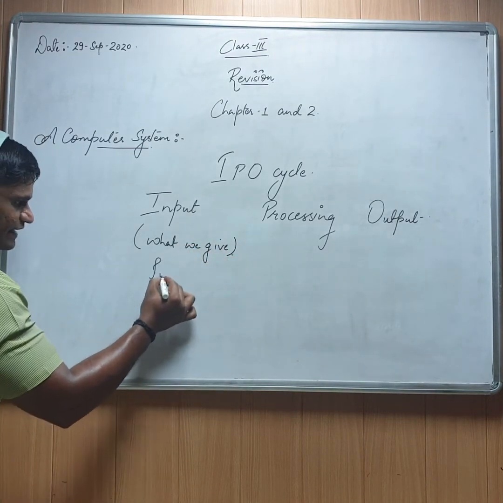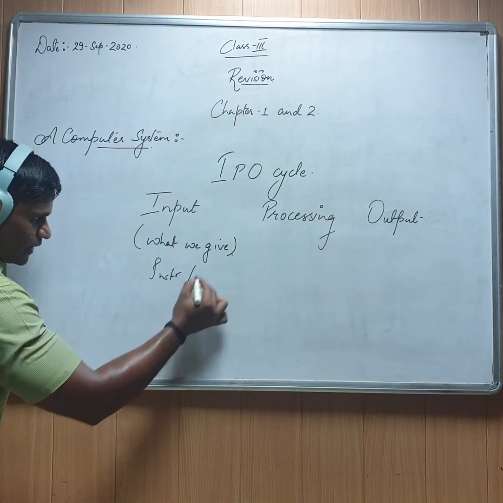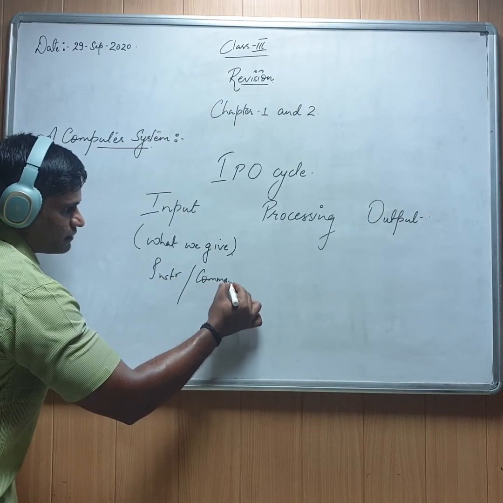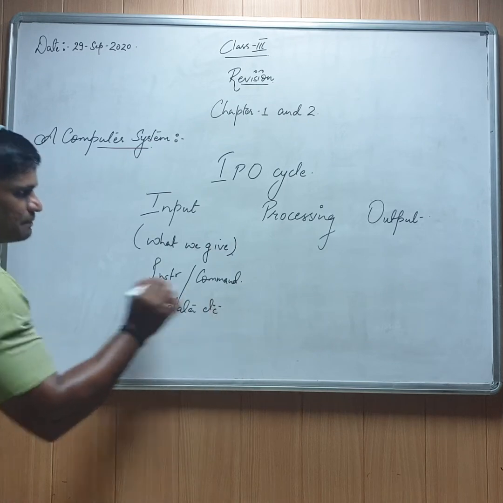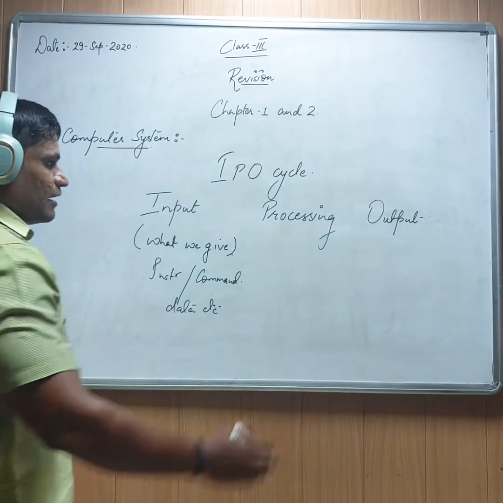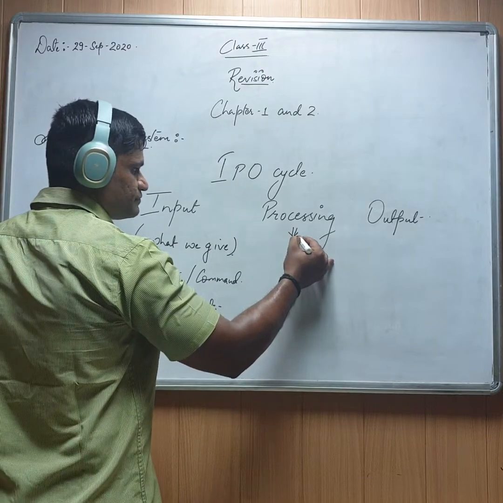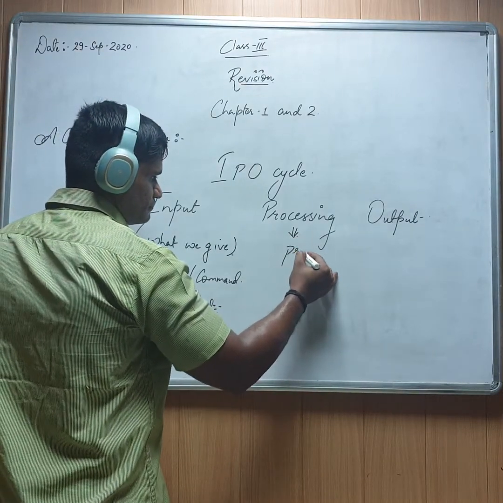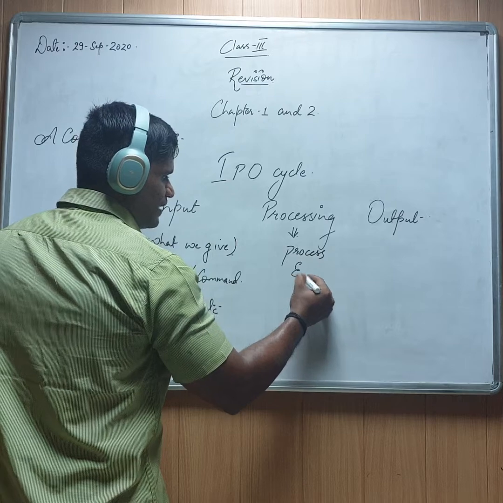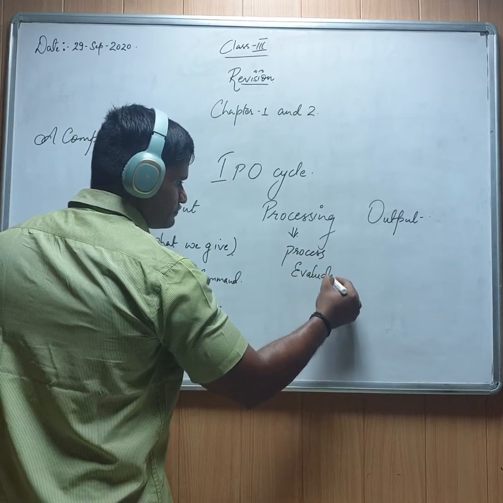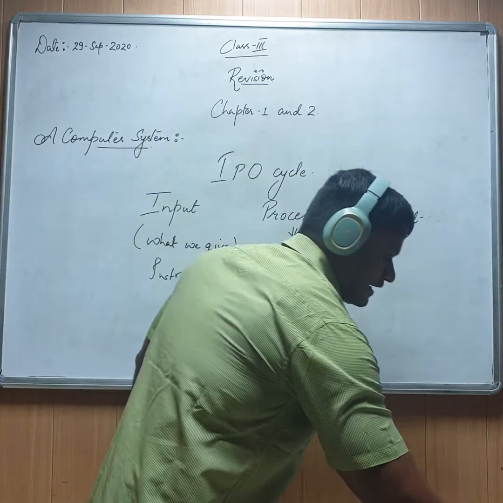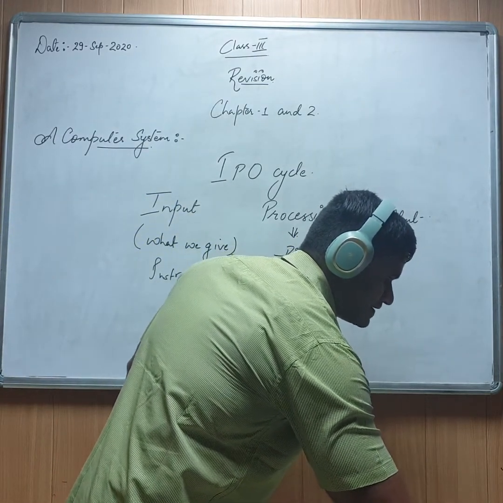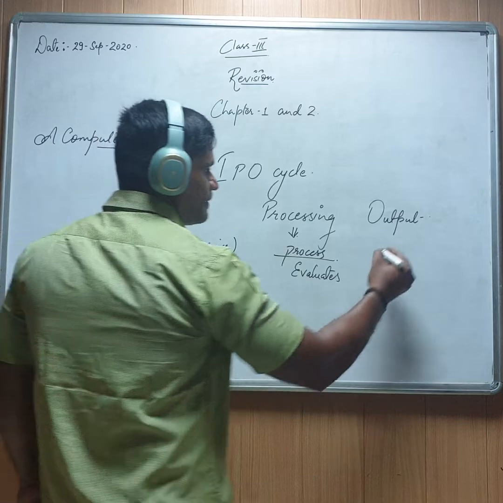We give instructions, commands, data, etc. to the computer. Then the computer processes it, or you can say evaluates it. And after that, it produces a result which is displayed.